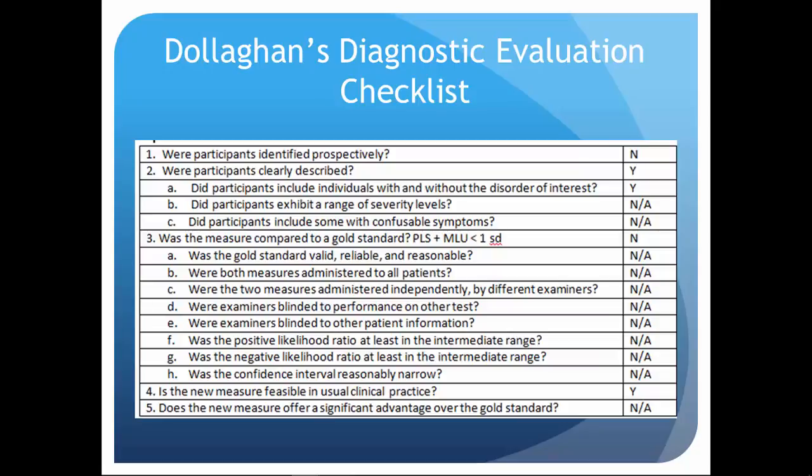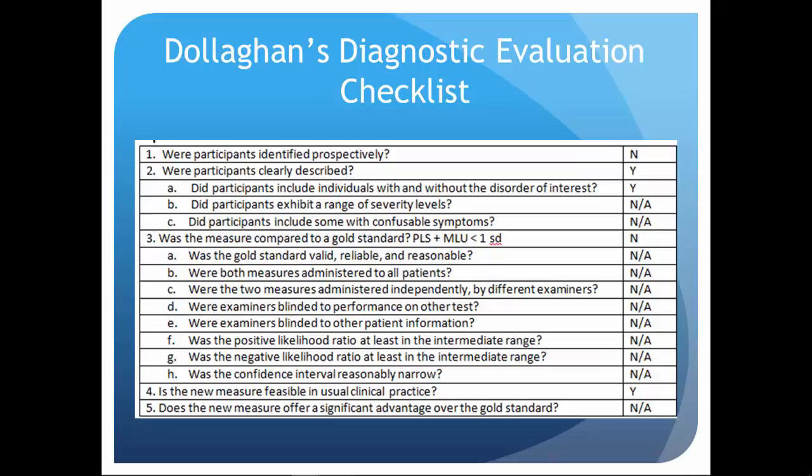The TACL was not compared to a gold standard of auditory comprehension of language. The general consensus is that there really isn't a gold standard for auditory comprehension at this time, so more research is necessary to determine what a gold standard would be. So none of those sub-questions apply there.